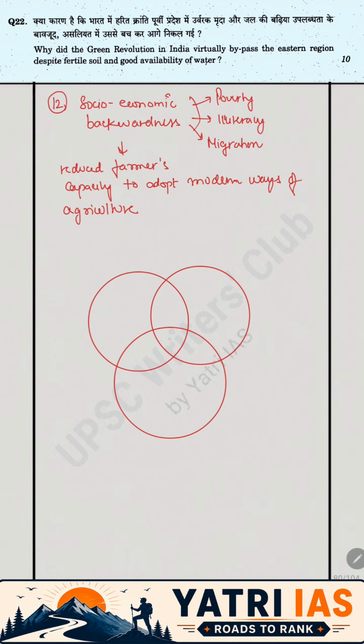using this diagram, why eastern region bypassed green revolution. Like there are physical factors. What are physical factors? Like floods, as we discussed earlier, recurring floods, waterlogging conditions, cyclones.